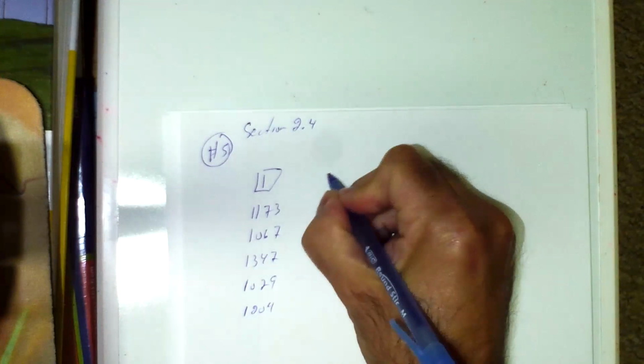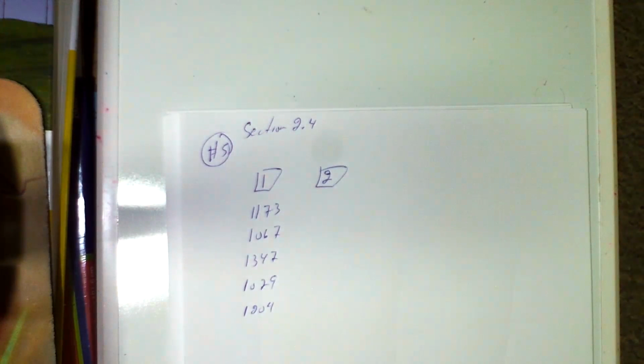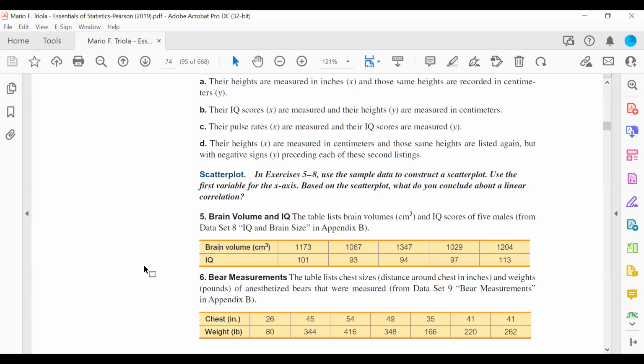So now in column 2, I'm going to write the IQ scores. My IQ scores were 101. 101 was for the 1173. 93 was for the 1067. 94 was the value for the 1347. 97 was for the value of 1029.